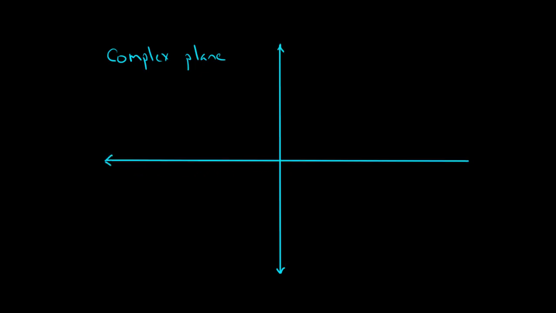This brings us to our discussion of what's known as the complex plane. So the complex plane is a lot like our ordinary coordinate plane in 2 dimensions. I'm drawing x and y axes here, but I'm going to label them slightly differently. The x-axis is going to be the real axis, and the y-axis is going to be i times y, the imaginary axis.